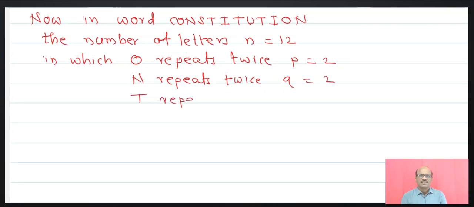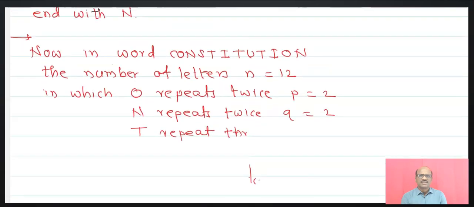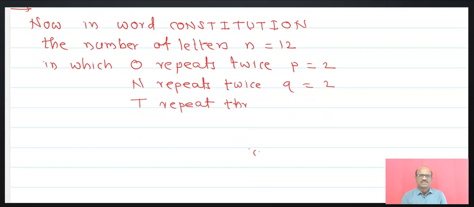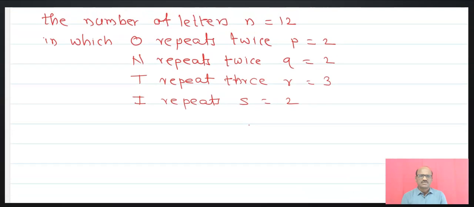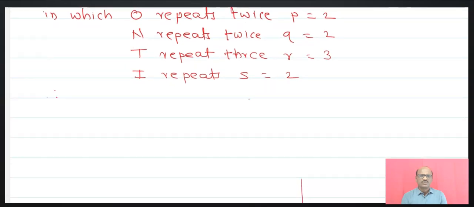And T repeats thrice, that is R is equal to 3. Therefore, I repeats, S is equal to 2.